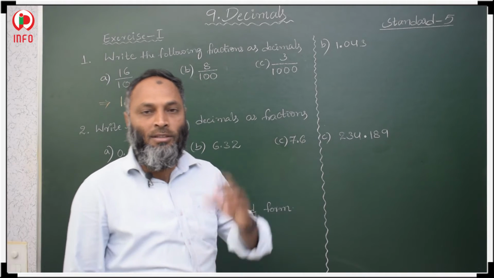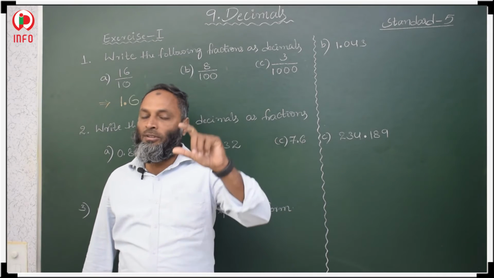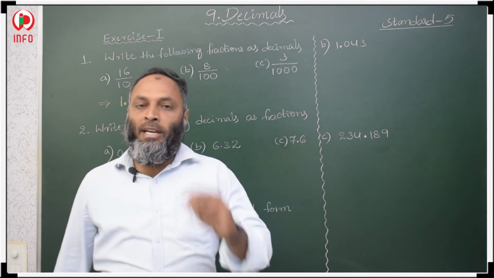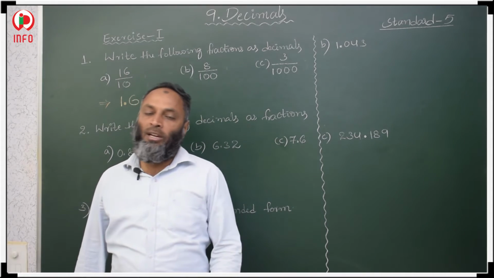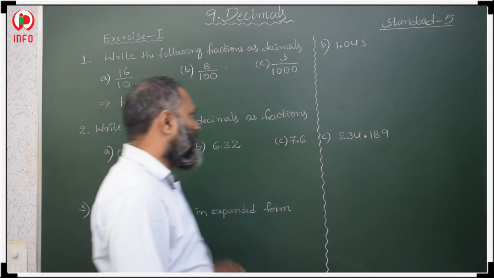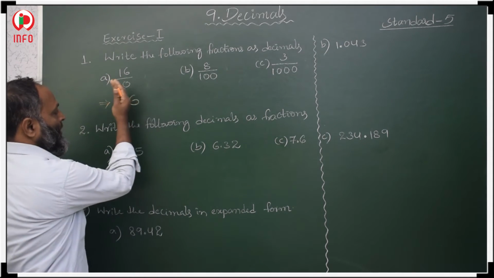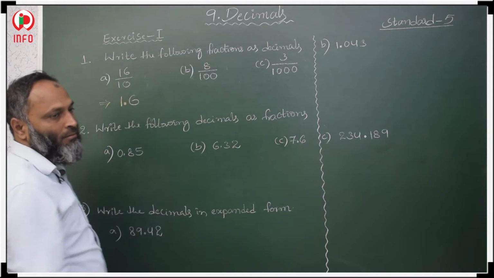First, whatever decimal fraction is given, first we should take the numerator. That is the first step. Second step, in the denominator, how many zeros were there, that we have to check. Here in 10 we have 1 zero. It means from right to left, after one digit we keep a decimal. Over.